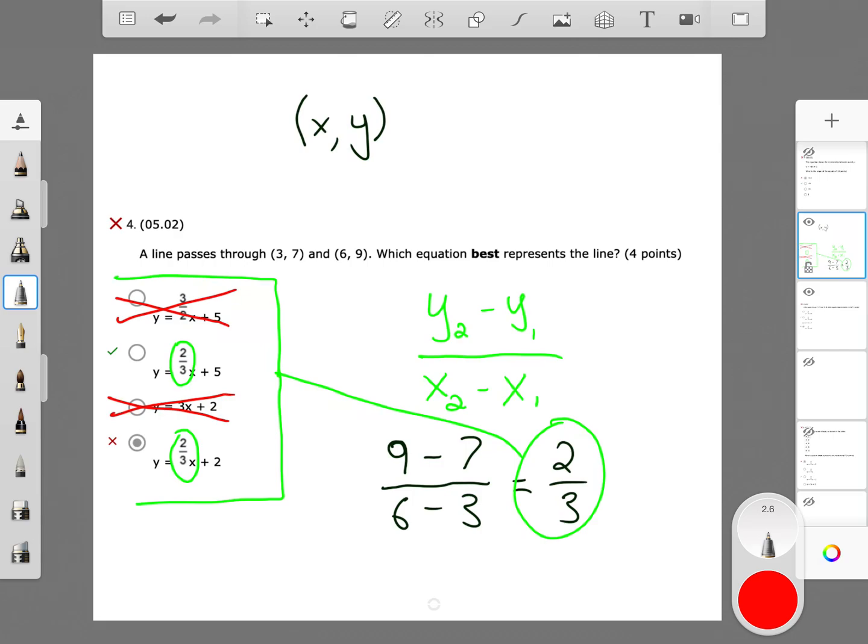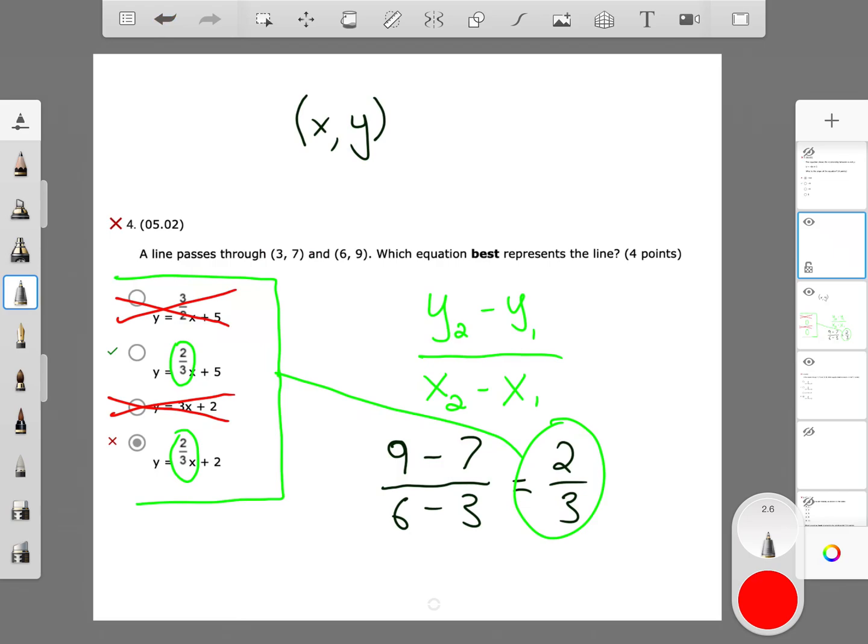We can do that through algebra, plugging in one of these points to see what happens, when x is 0, or we can take it over to Desmos and compare. And in this case, we're going to try both.